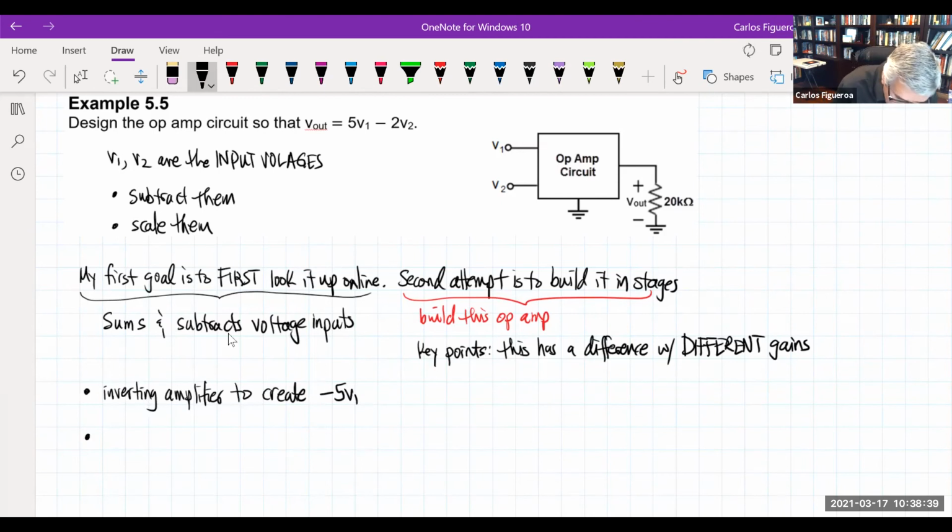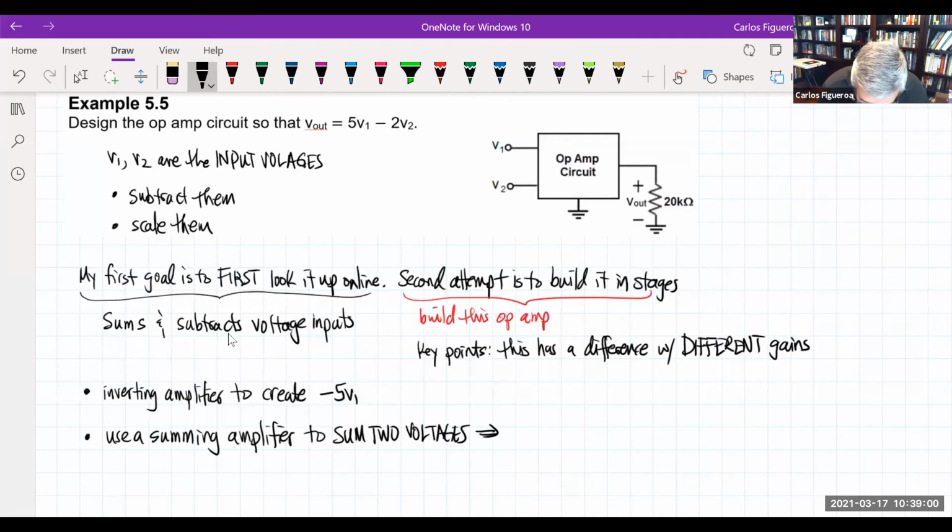And then I'm going to use a summing amplifier to sum two voltages. In other words, I know that the summing amplifier always gives me an overall minus sign. So if I sum minus V1, then I can automatically create a V2 like this. And so in the end, I'll get a positive V1 minus a V2.